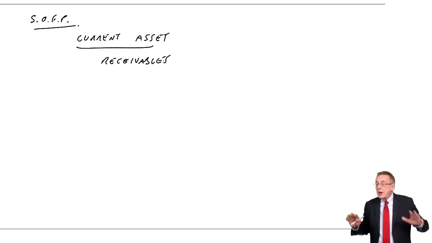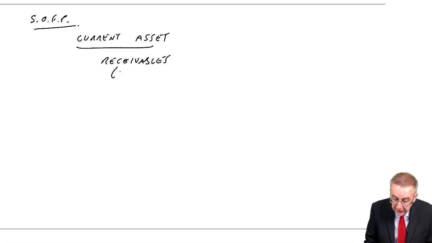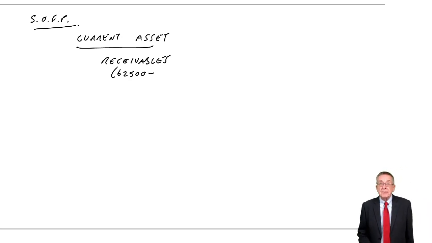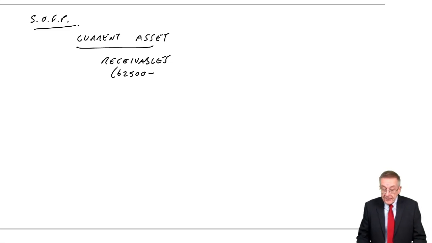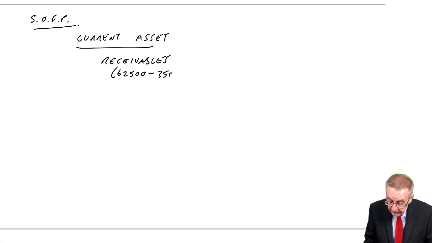Now again, forget debits and credits, that comes later. But the receivables, this is just workings, they were 62,500. Included in there are these two debts we're never going to get, and we remove them. 2,500, 1,600.